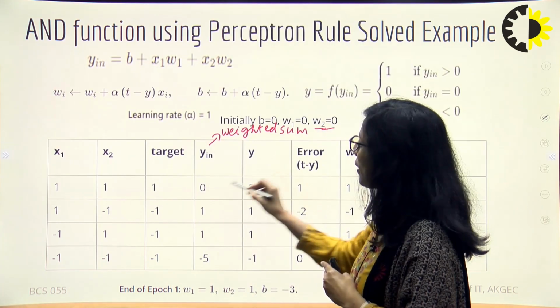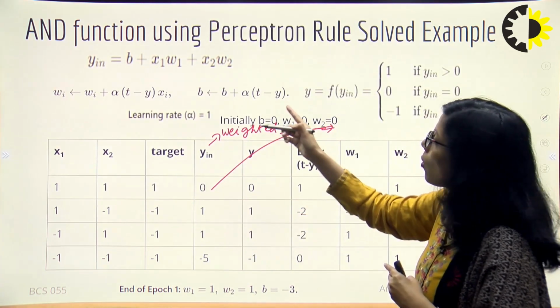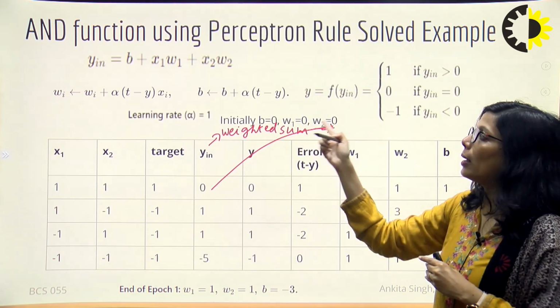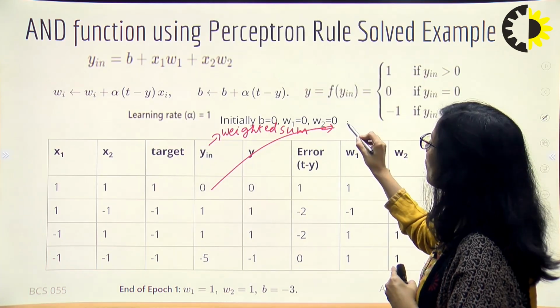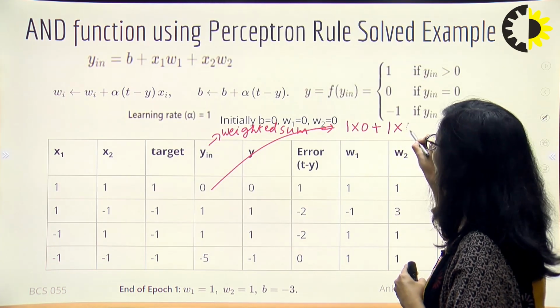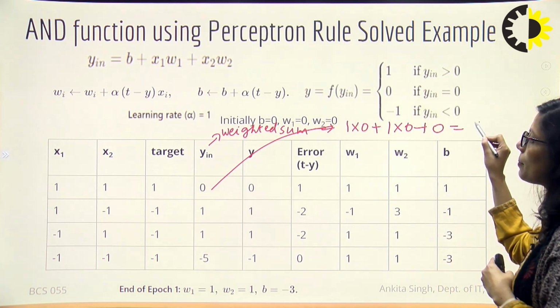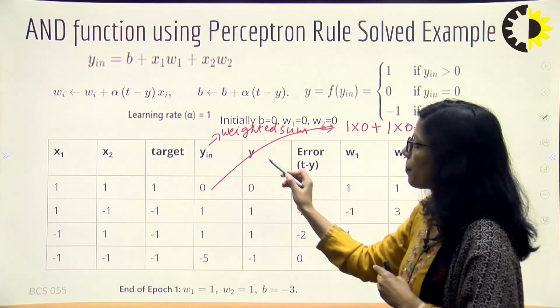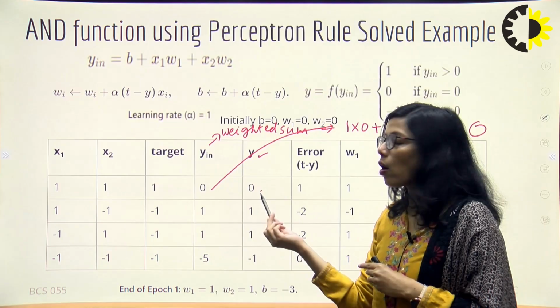So let's compute this. My initial weights W1, W2 are 0. So what I will do: 1 multiplied by 0 plus 1 multiplied by 0. My bias is also 0, plus 0 will give me the answer 0. So my Y in is 0. Now expected output was 0, and I also got 0.